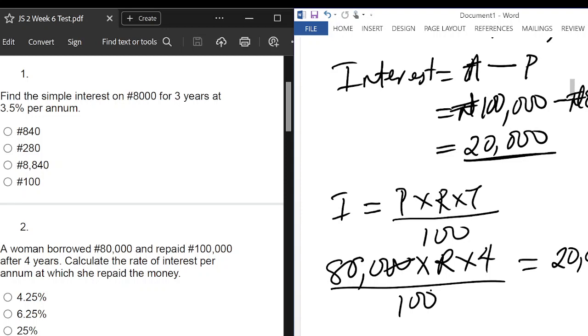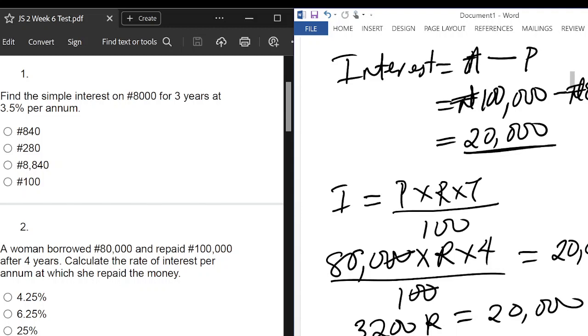So we cancel this 0 with this 0, right? Then we're going to have 800 multiplied by 4, that is 3,200 R equals 20,000. So we divide both sides by 3,200.